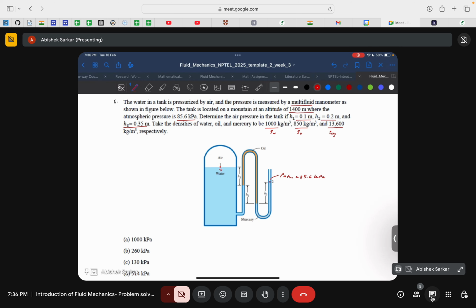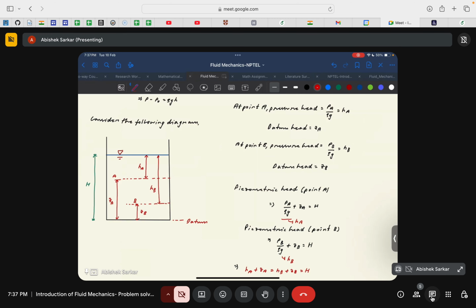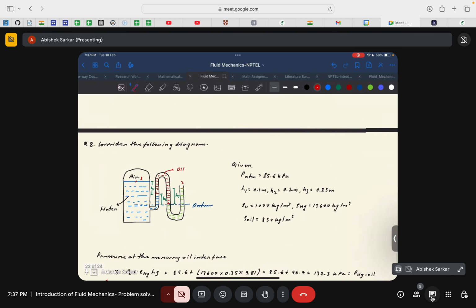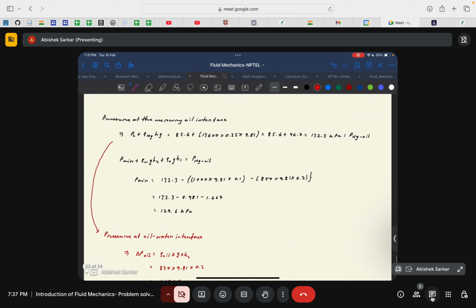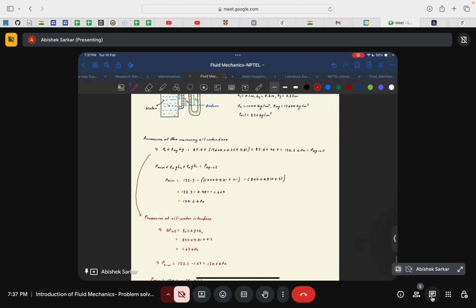So let us try out. Okay, let's try to look into the solution. Zoom out a bit more.